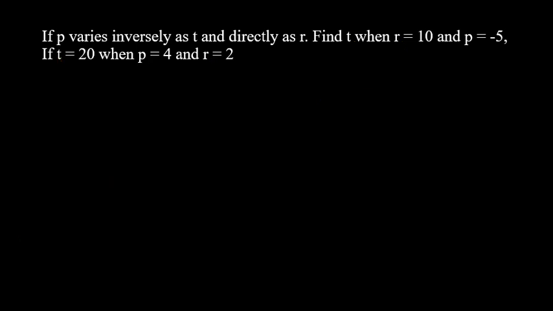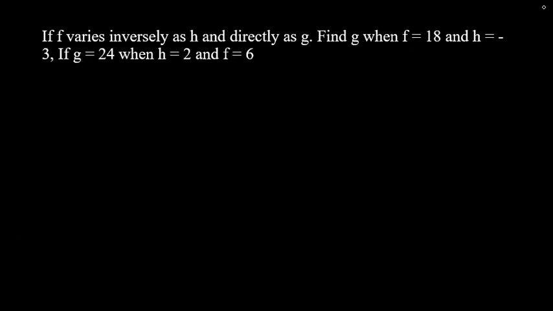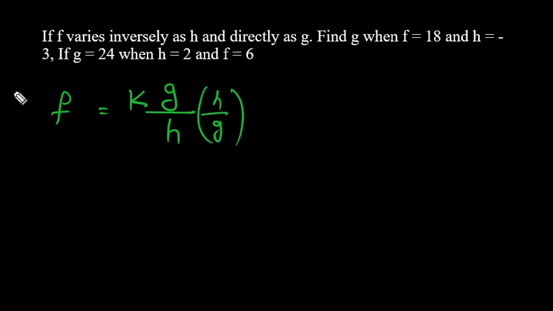Let's try one more. Now in this question you have f varies inversely as h and directly as g. Constant of variation: multiply with the opposite, h over g both sides, h over g will be cancelled.